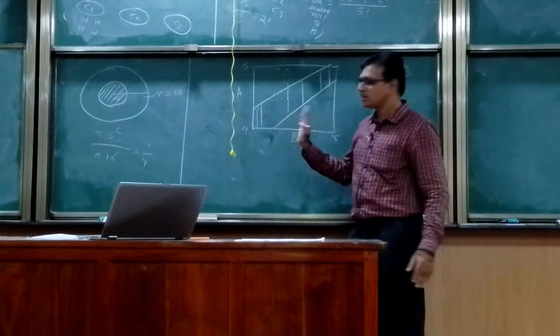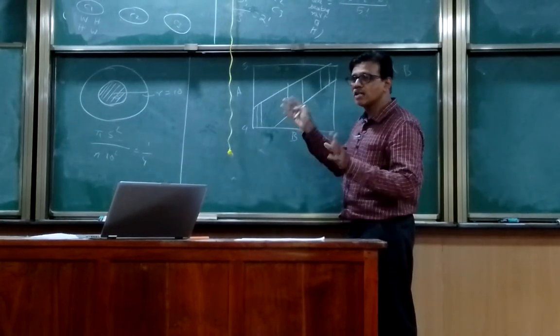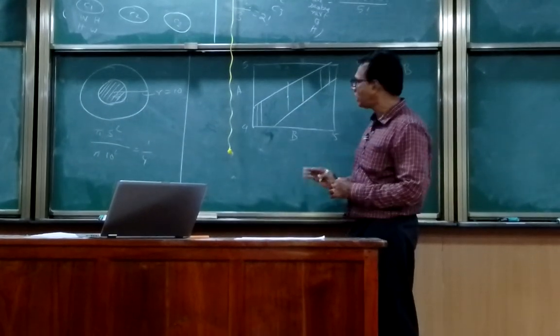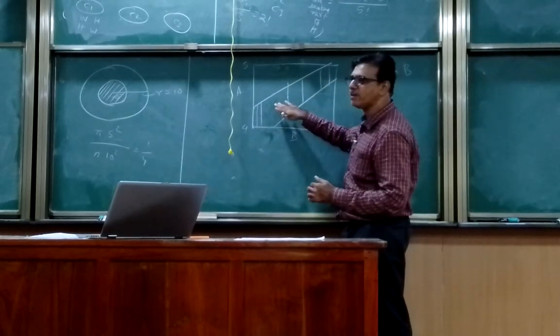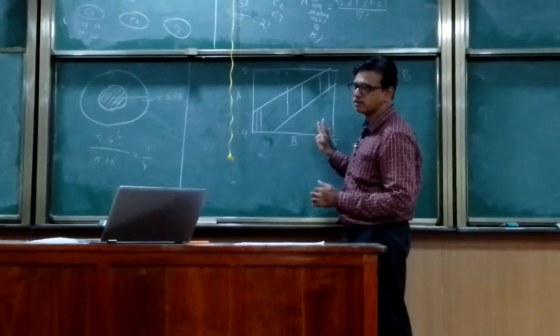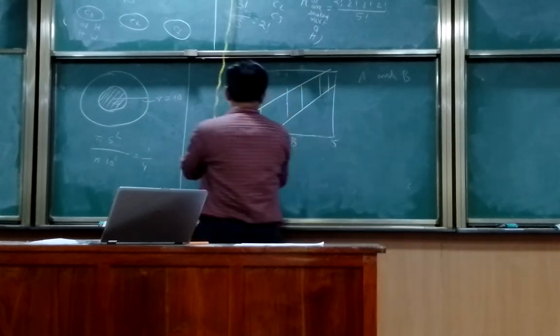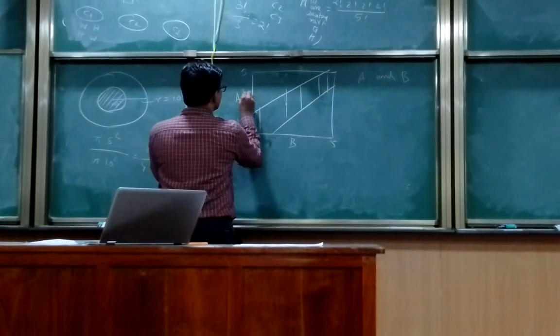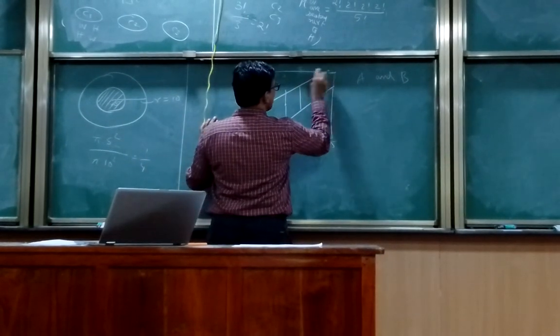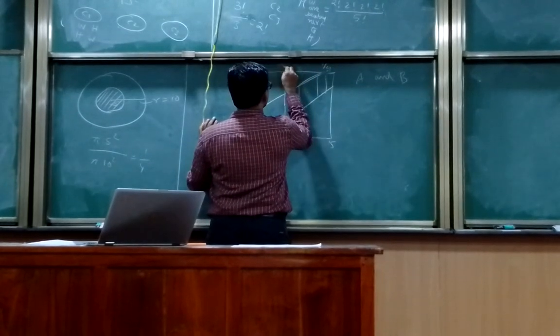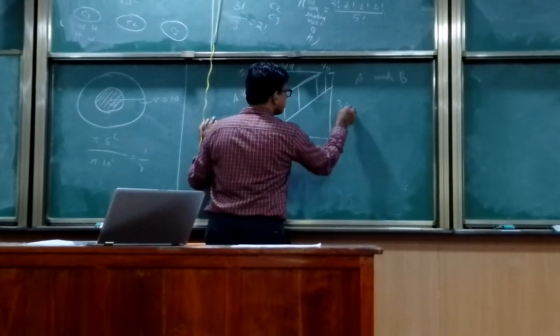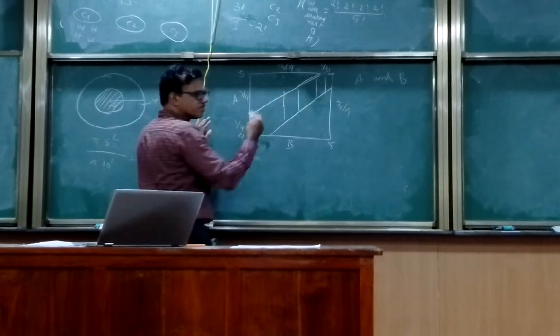So this is the area of interest. In all these things, to compute the probability, we find the area of the region of interest divided by the total area. That is easy to calculate here. This is 1/4, this is 3/4. Again this is 1/4, this is 3/4. These two triangles are of the same size.